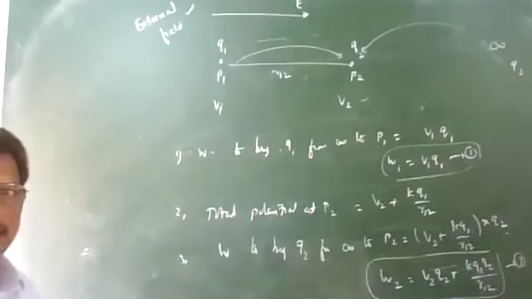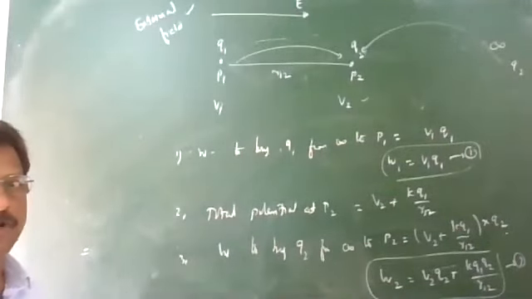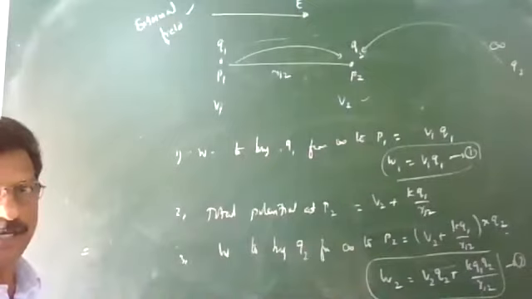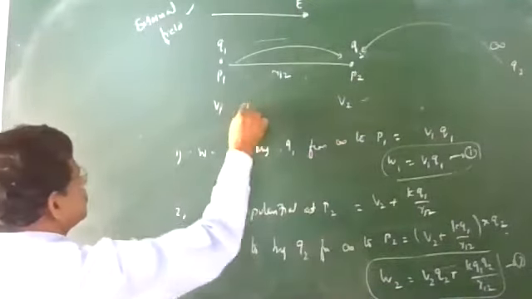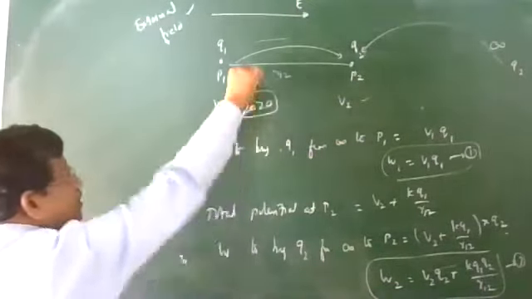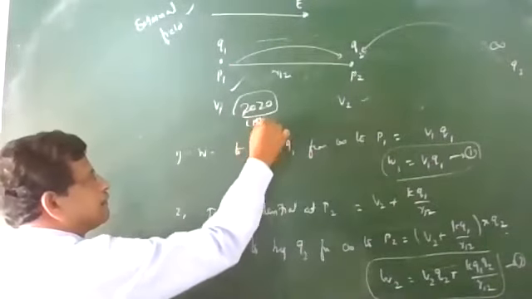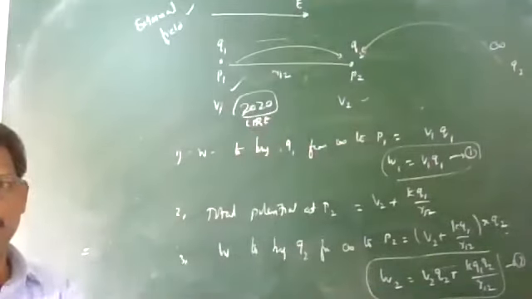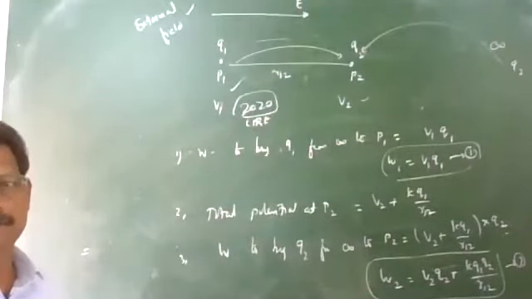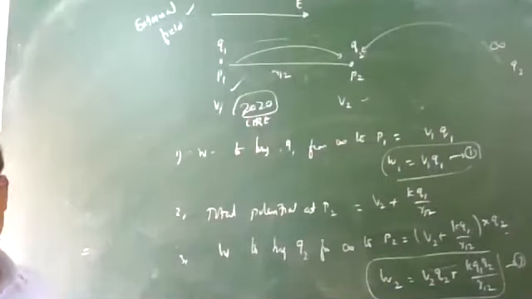So Q1 and Q2 are already located at the points P1 and P2. They are in the external electric field. This is a 2024 question. Take note. What is the work done to assemble them? To bring the first charge also you have to do work, and for the second charge also you have to do work.